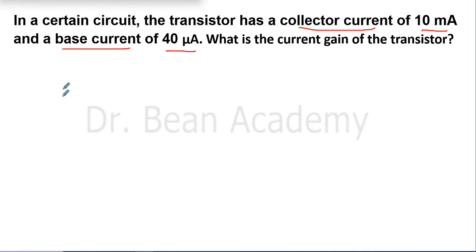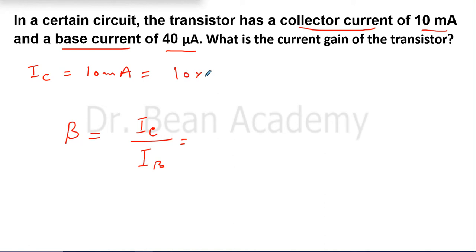So first let me write the formula before I forget. It is collector current divided by base current. Let me write the data. Collector current is given as IC, and it is 10 milliampere, and once again I will change it to ampere so that all the units are consistent.